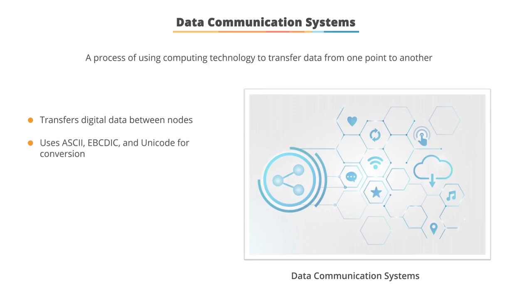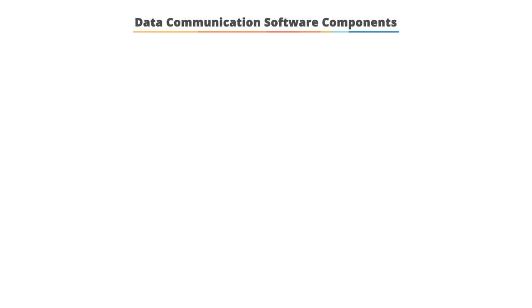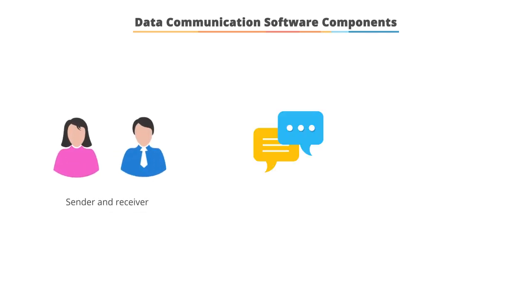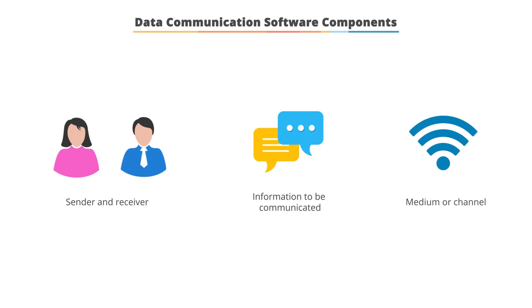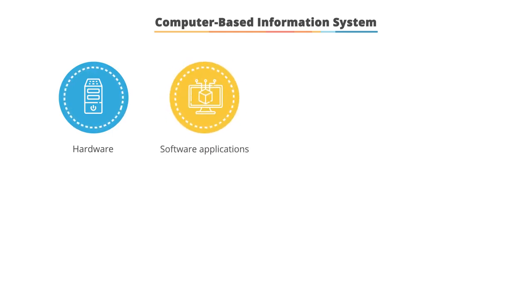It is also used for conversion, for example, codes, ASCII, EBCDIC, Unicode. Communication software components include sender, receiver, message information to be communicated, the medium or channel. Computer-based information systems: hardware, computer equipment used to perform input, processing, and output activities. Software applications, computer programs that govern the operation of the computer.